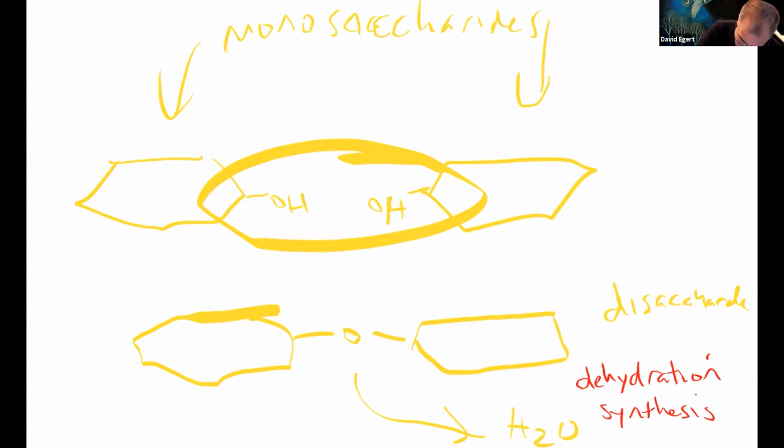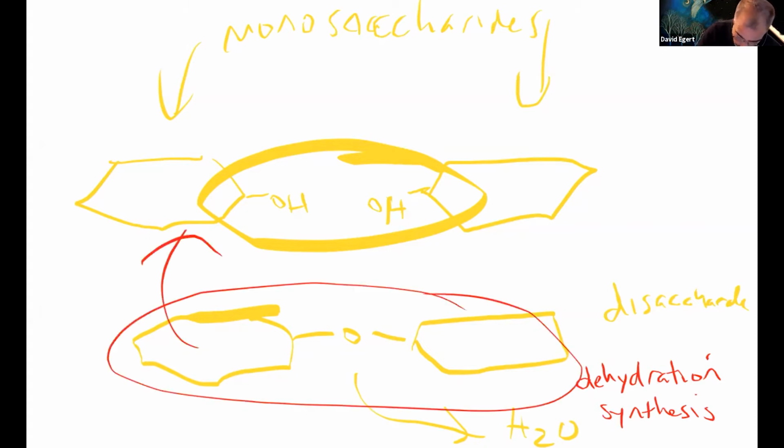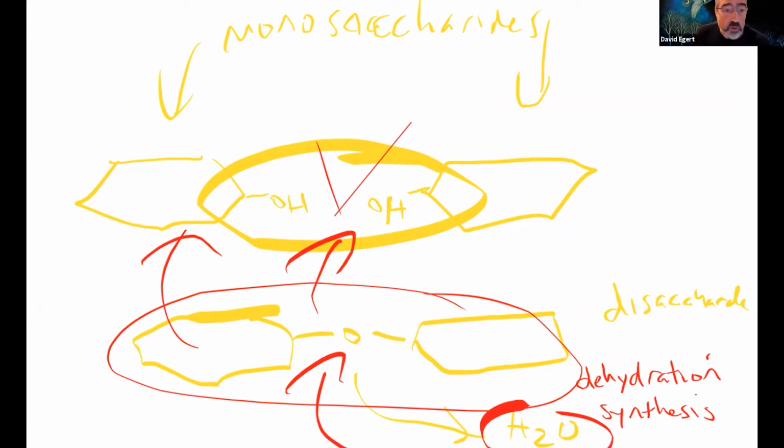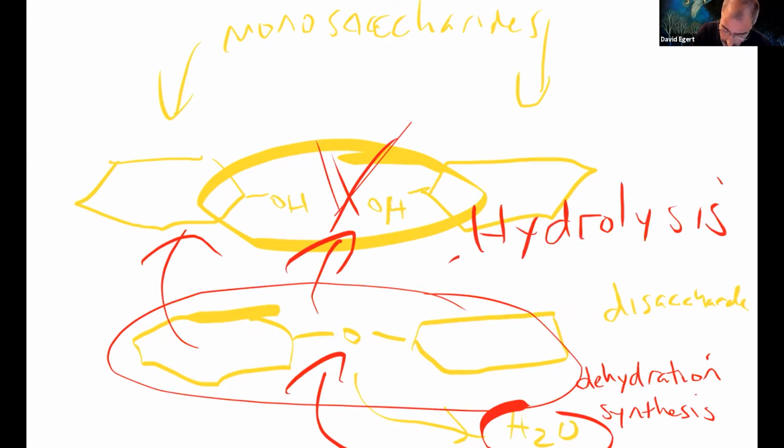If I have a disaccharide and I want to break it apart into two separate things again, I have to use a water and add it in order to create two individual monosaccharides again. So to break this apart, we often call hydrolysis. Hydro, water, lysis, breaking apart, right?